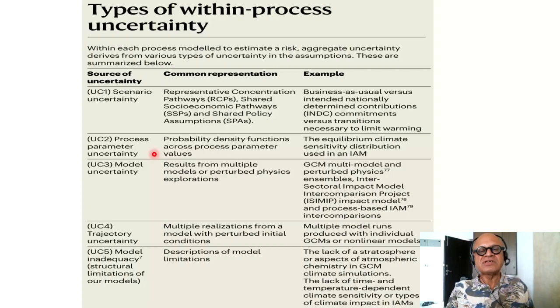Process parameter uncertainties include probability density functions across process parameter values. These run across all the models involved and all the processes being represented. So the equilibrium climate sensitivity distribution used in an integrated assessment model is an example. We have talked about integrated assessment models elsewhere.